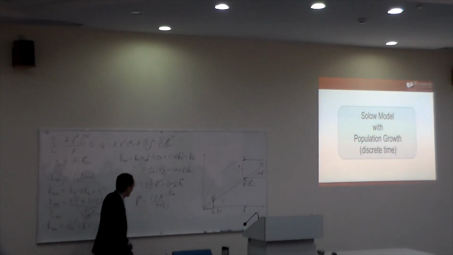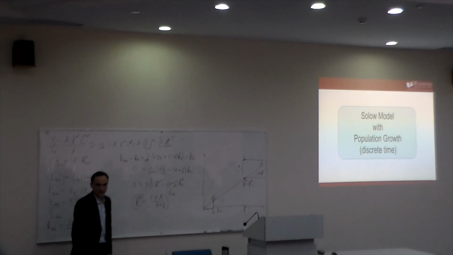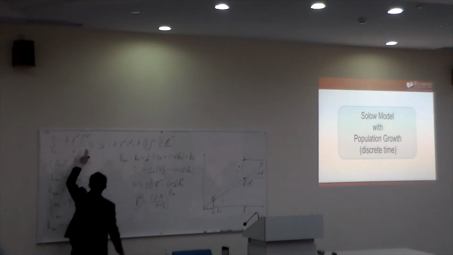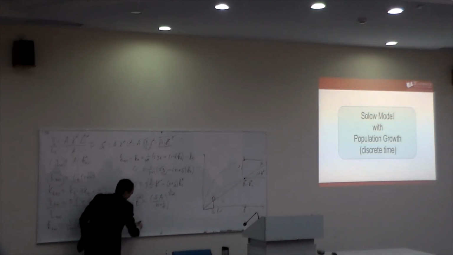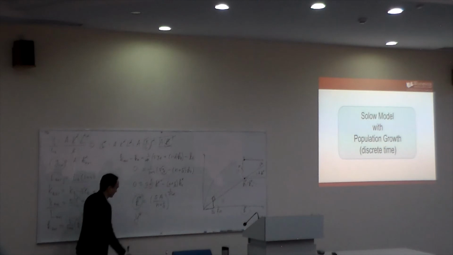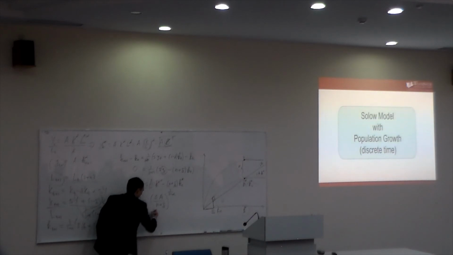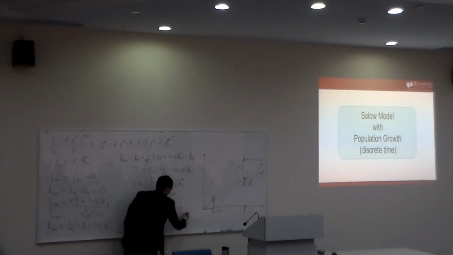Good. Once we have this per capita capital found, we can easily find the steady state level of per capita output. So if you find per capita output in the steady state level, you will get, again, A in the power of 1 over (1 minus alpha) times saving rate over (n plus delta), in the power of alpha over (1 minus alpha).